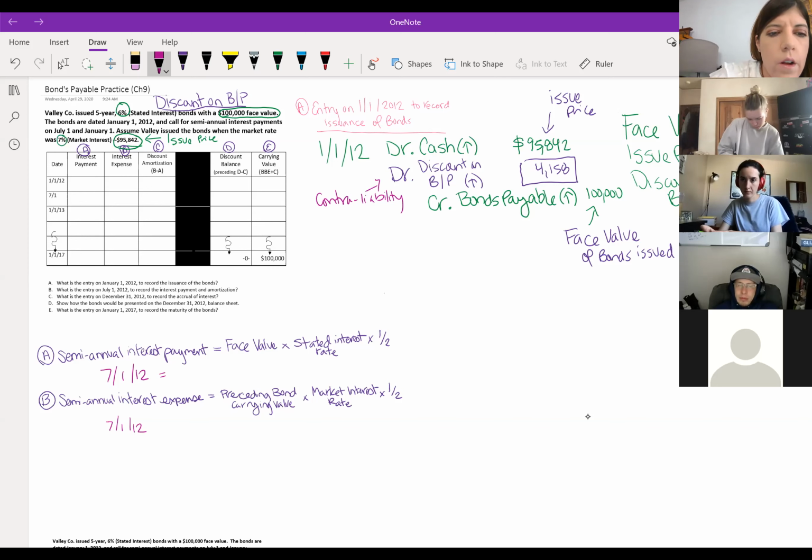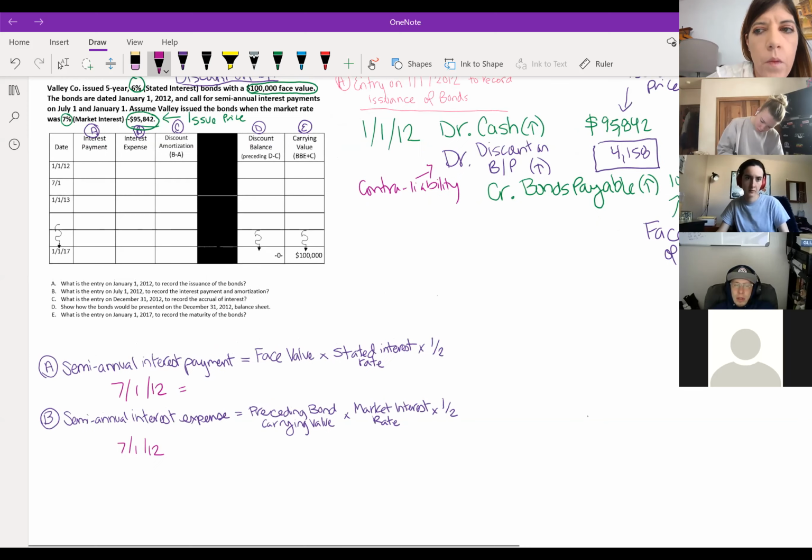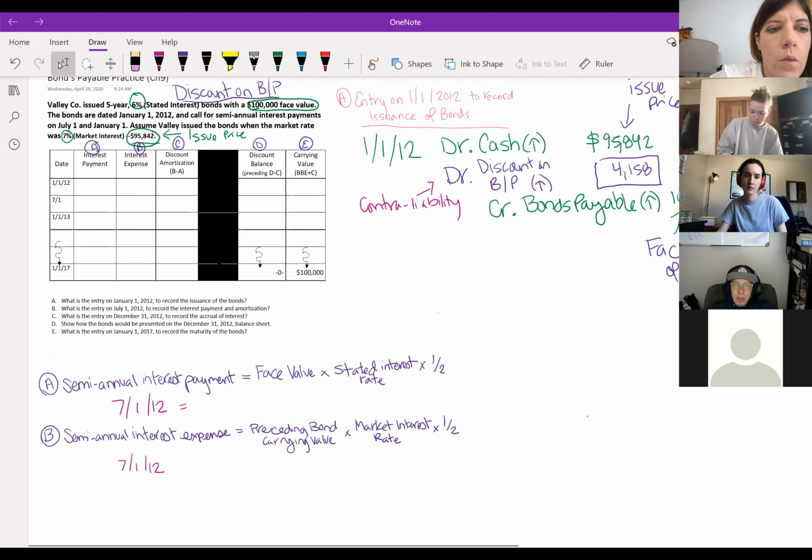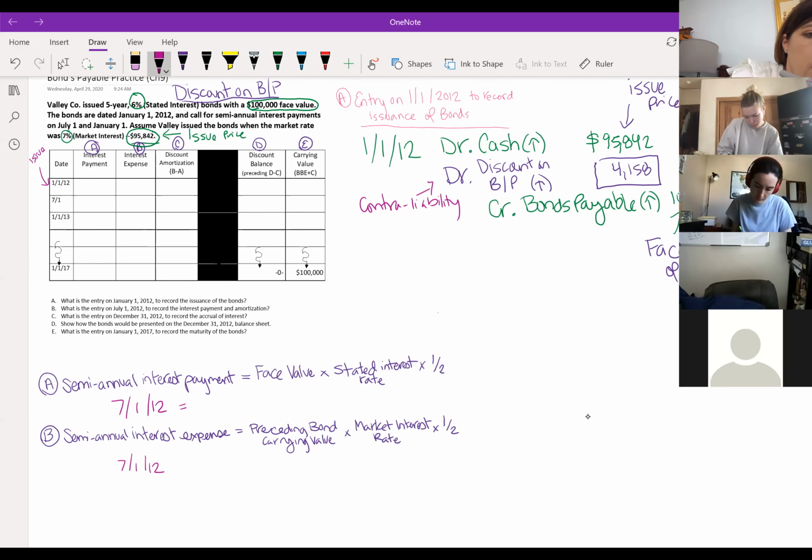For the first line, January 1st, 2012, why do we start with that date? In the amortization schedule, that's when the bond was issued. So this is the issue date. It's always the first date that we include.